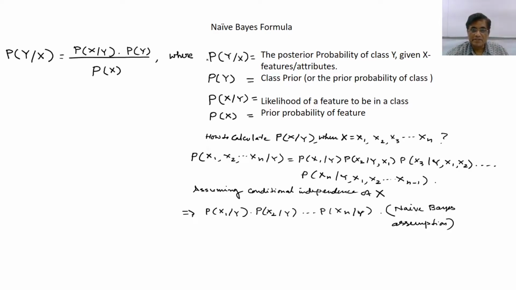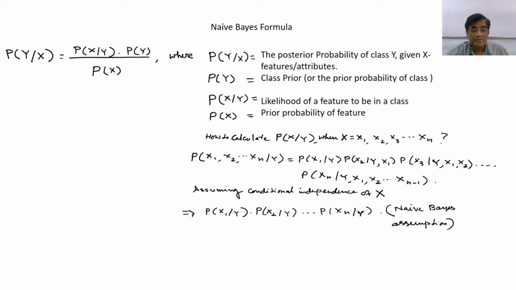And they have a nomenclature now. This probability of y given x is known as the posterior probability of class y given x features or attributes in our classification problem. These are the nomenclature you should be learning or habituated with.